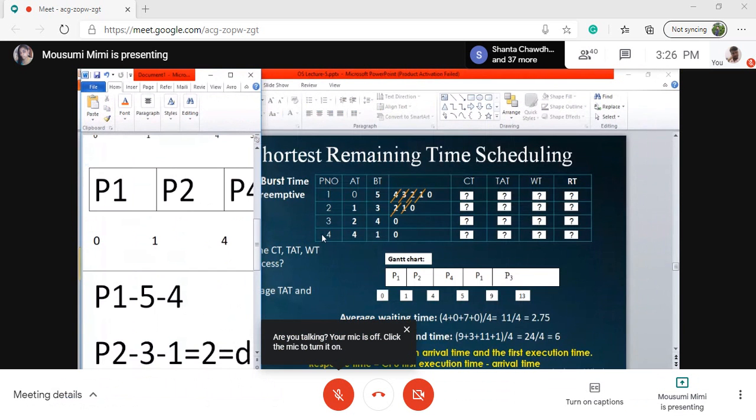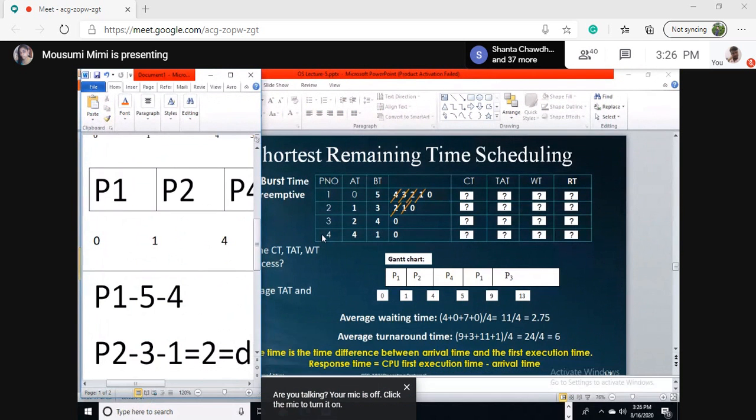So, a total of four processes. When the arrival time is 0, at that point of time the first process comes.